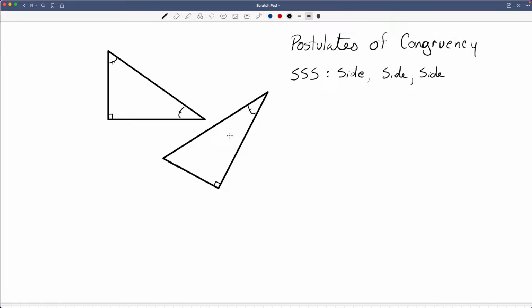So side, side, side tells us that if we have two triangles and they have three sides that are congruent to one another, then those two triangles are congruent.